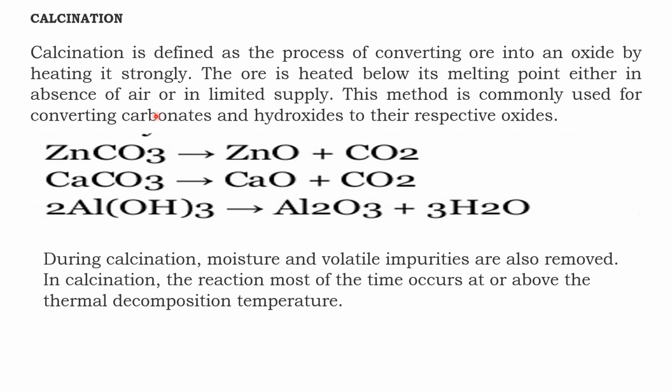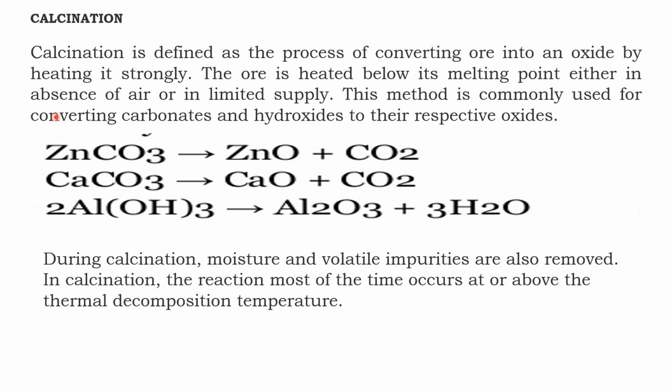That means we take the ore material, carbonates or hydroxides, and it is heated in the absence of air. That is the important point. In calcination, usually it is carried out without the presence of air or with a limited supply of air.